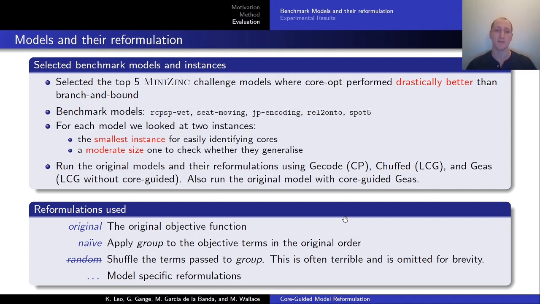We also have a naive reformulation where we simply replace the objective function with a call to group, which does the recursive decomposition. We also tried having a random decomposition, which simply shuffles the terms that would normally go to the group function. However, this is often not very good, so we've left it out.